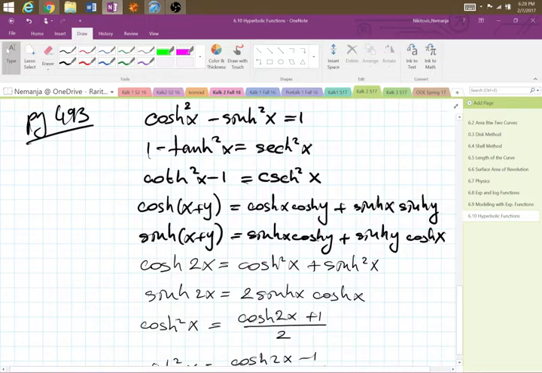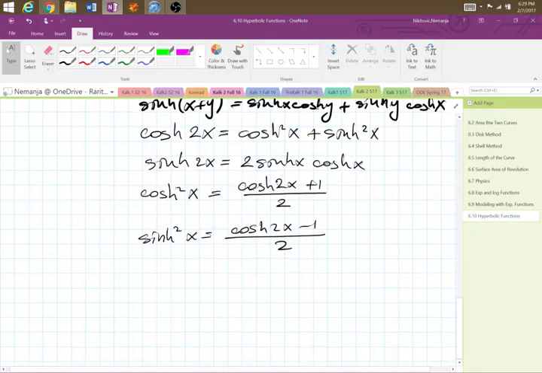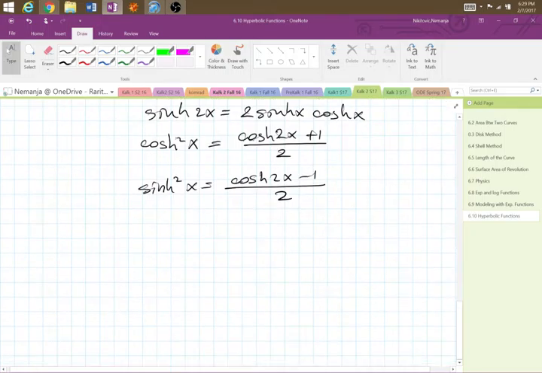Oh, wait, no, 1. No, 8. Yes, 8. Okay. Now, all others will be done exactly the same way. You will plug in what the hyperbolic sine and cosine are in terms of e's, and you will just grind through the algebra. There's nothing special there.